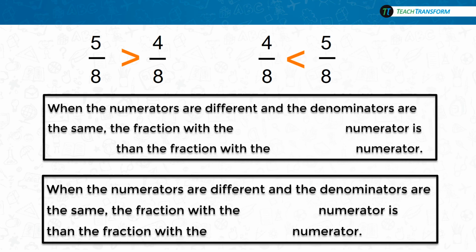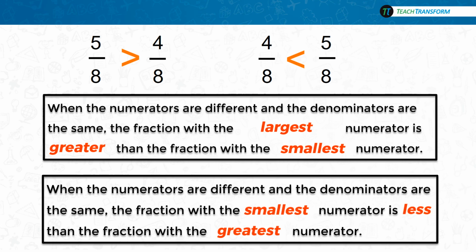You could have written, when the numerators are different and the denominators are the same, the fraction with the largest numerator is greater than the fraction with the smallest numerator. You could have also written it like this. When the numerators are different and the denominators are the same, the fraction with the smallest numerator is less than the fraction with the greatest numerator.